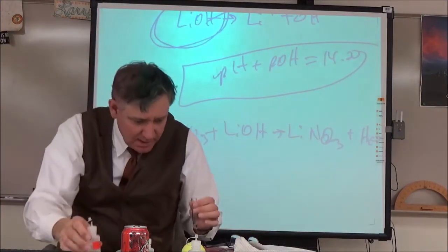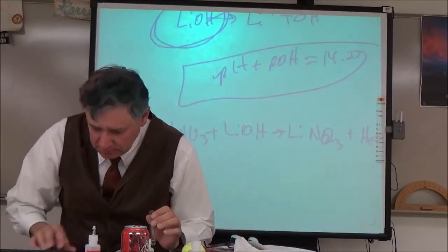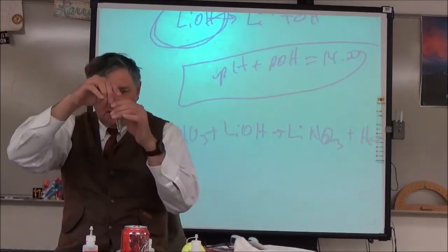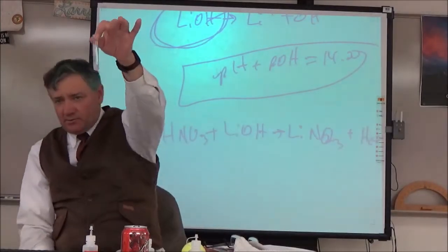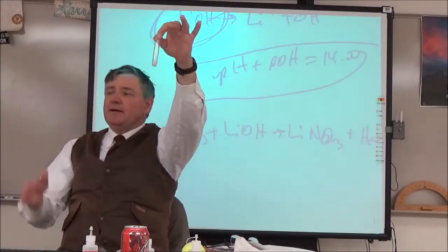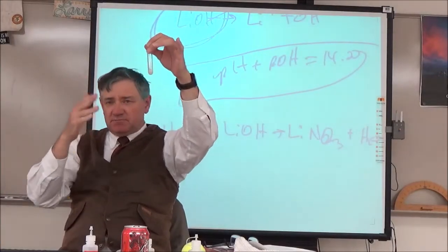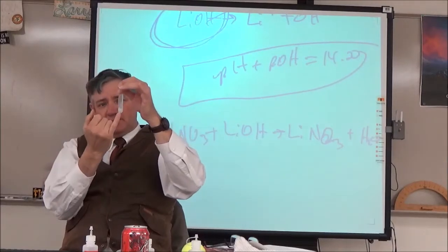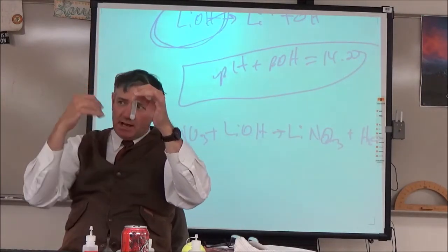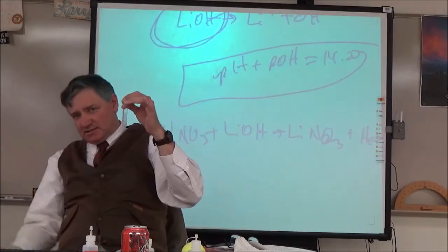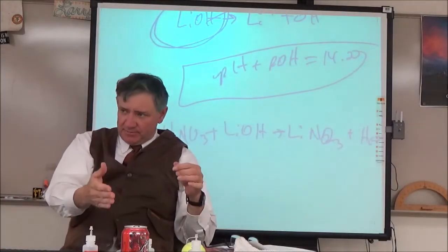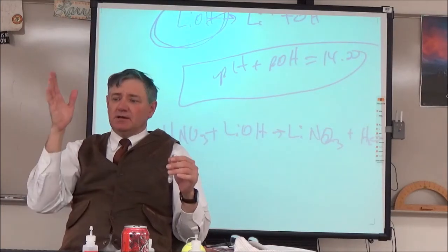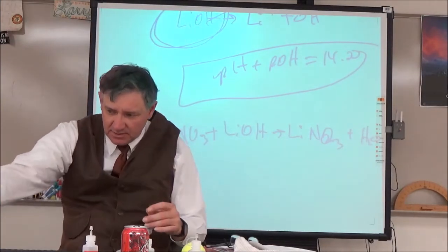I drop in a piece of magnesium, and right away it starts to bubble. Anytime you have a single displacement reaction, it's always a redox reaction because, for example, I'm taking the elemental magnesium and changing it into a magnesium ion. The same thing is going to happen with the zinc. Remember, when you have the elemental form of anything, that has an oxidation state of 0.